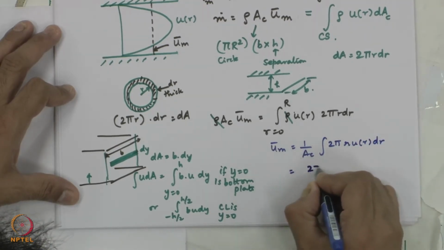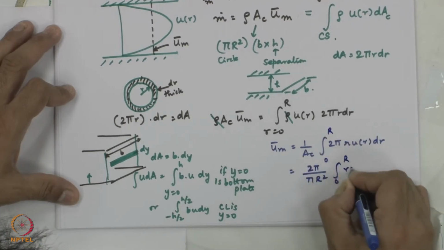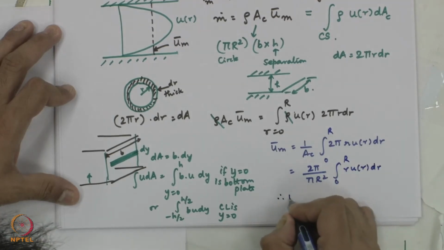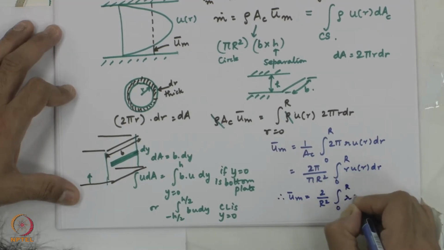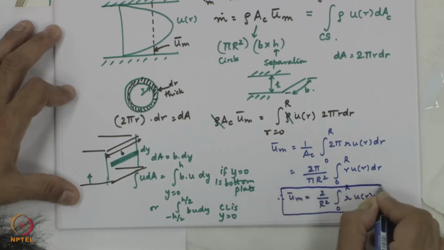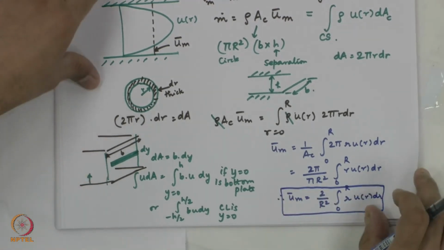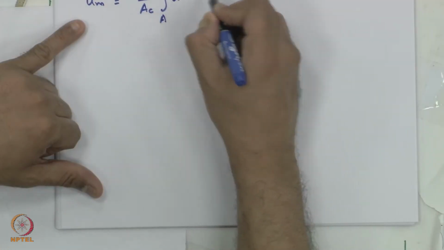So, this is nothing but 2 pi divided by pi r squared, 0 to capital R, r u of r dr. Therefore, bulk mean velocity for flow through a circular pipe is 2 over R squared, the integral of r u of r dr. So, this is your expression, and if it is non-circular geometry, u bulk mean is equal to, in general, you can write it as 1 over cross sectional area times the integral over the area of u into dA.